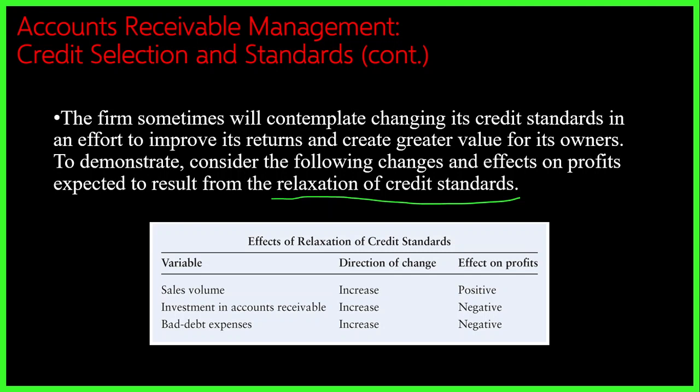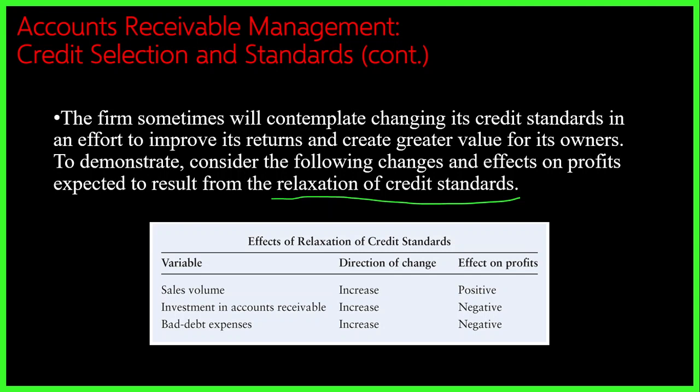If you're going to relax your credit standards, what will happen to your sales volume? Of course your sales volume will increase kasi you will have more customers, mas relax na. Let's say in the form of discount. Dati, your discount is 10% if they pay, let's say, within 10 days. Pero ngayon, naging 15%.